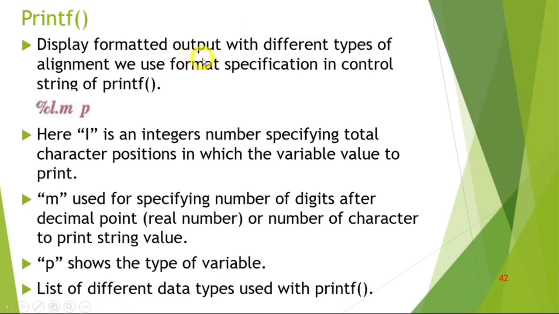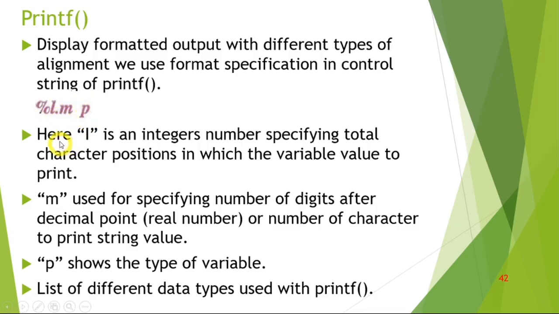To display formatted output with different types of alignment, we use format specification in the control string. Here is an example: %i.m space p. Everything is denoting something.